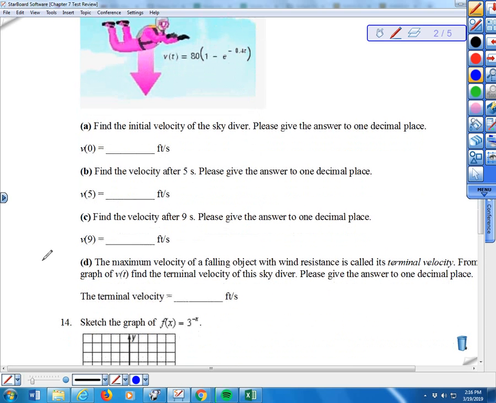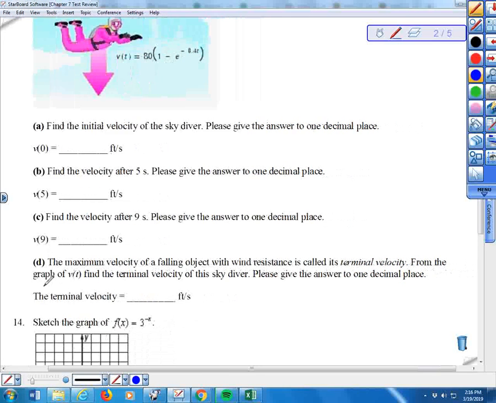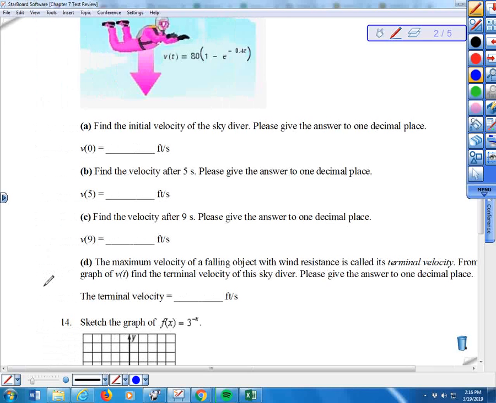The maximum velocity of a falling object with wind resistance is called its terminal velocity. From the graph of v of t, find the terminal velocity of this skydiver. Okay, so we're going to go ahead and just plug this equation into y equals, so we have 80 times 1 minus e to the negative 0.4 times the variable, parentheses, and graph.